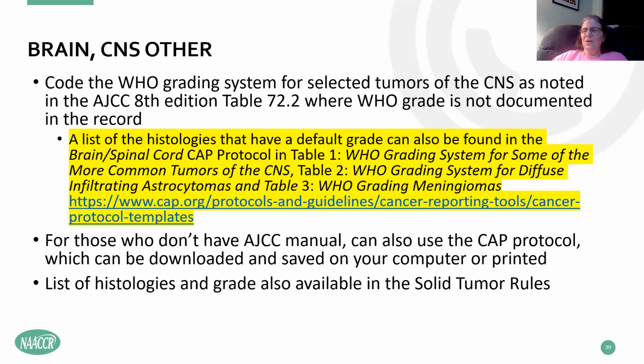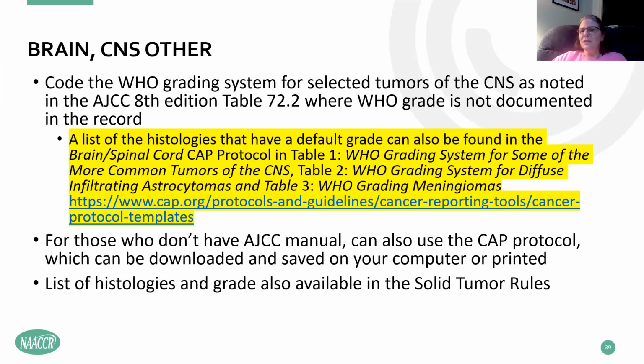And she was like, well, we don't do AJCC stage and we don't have the book, so how are we supposed to do grade? So we added this note in here that you can also use the CAP guidelines. So if you're in a facility that does not do AJCC staging and you don't have a book, you can use the CAP guidelines to get the default grades.